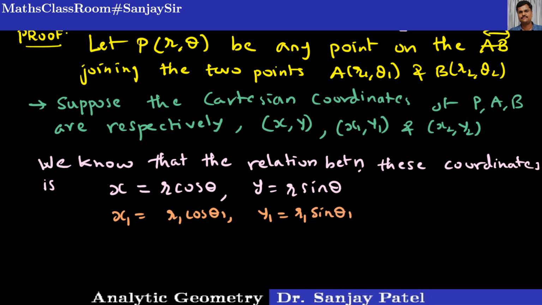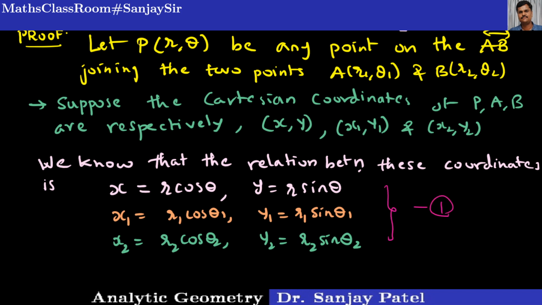In the same way, for the third point, that is x2, we have x2 is equal to r2 cos theta 2 and y2 is equal to r2 sin theta 2. So this is the relation between the Cartesian and polar coordinates of the 3 points given in the above discussion. Let me call this result number 1.